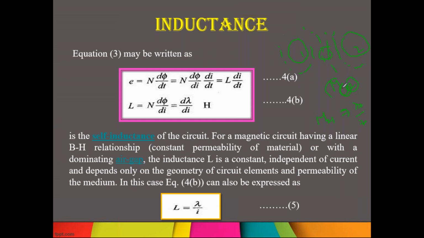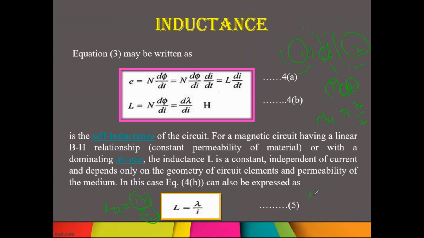So here the mutual inductance is nothing but L. So ఇప్పుడు మీరు L12 రాయాలంటే, what is the mutual inductance between 1 and 2? You can write lambda 12 divided by I2. So this is the equation. It means that the inductance of coil 1-2 is determined by the flux linkage between coil 1 and 2 due to the current I2.